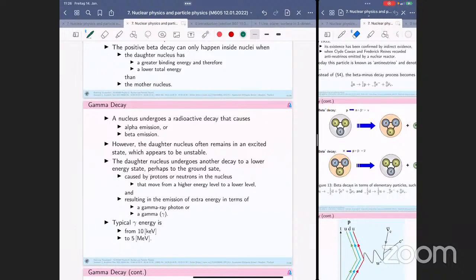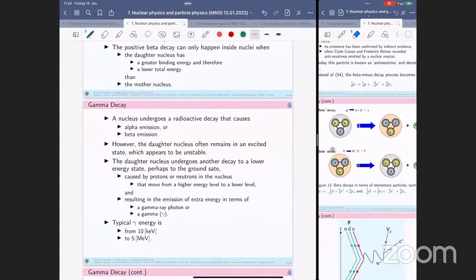You need to let it cool down, and this cooling down will give you the so-called photon. It's like an electron moving to the ground state, and the electron releases a certain wavelength, a certain light, and that's the photon. It's the same here.